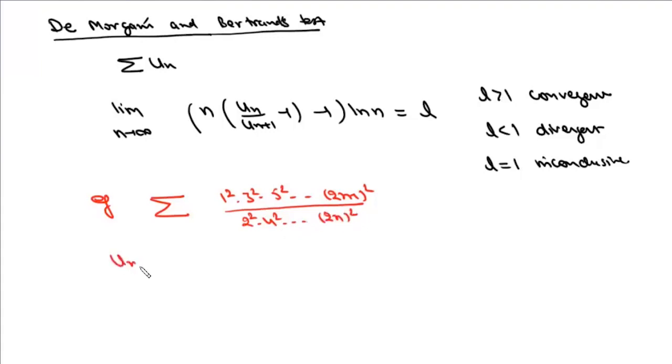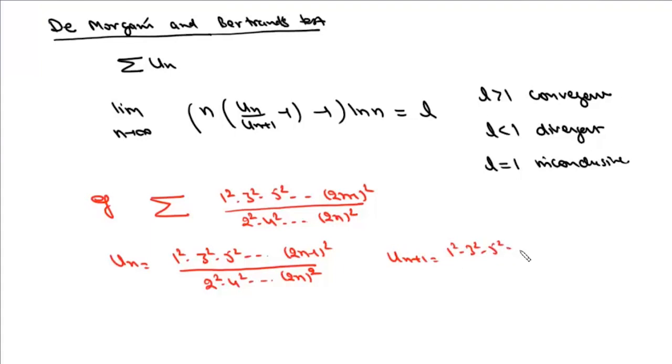Now in this case, un is 1 square, 3 square, 5 square up to (2n minus 1) whole square upon 2 square, 4 square up to (2n) square, and un+1 will be 1 square, 3 square, 5 square up to (2n plus 1) whole square upon 2 square, 4 square up to (2n plus 2) whole square. Now we'll find this limit.